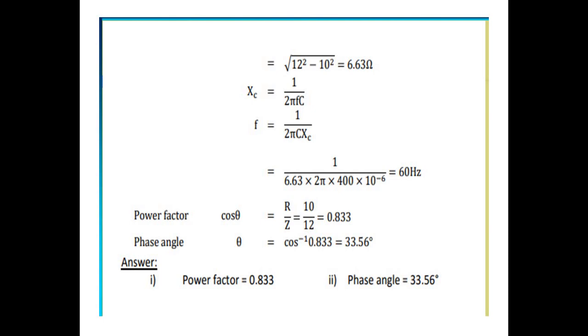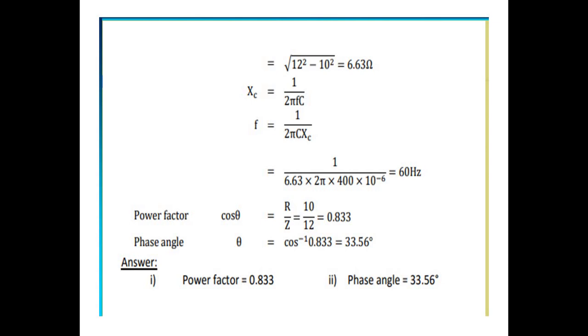XC, that means capacitive reactance, XC is equal to 1 by 2 pi fC, so f is equal to 1 by 2 pi into 6.63 into 400 into 10 to the power minus 6, that is equal to 60 hertz.